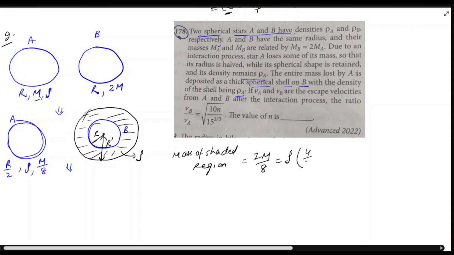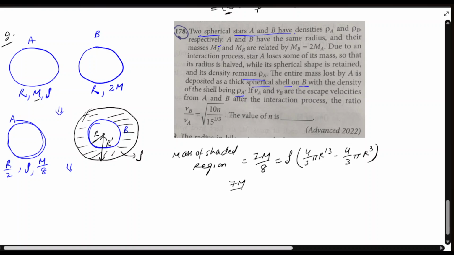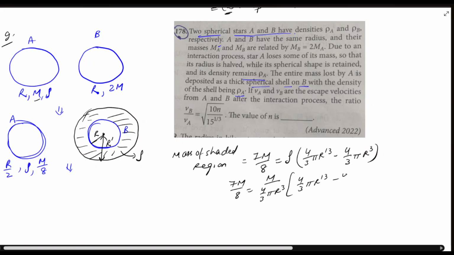So we'll have 4 by 3 pi r dash cube minus 4 by 3 pi r cube. And the density will simply be M upon 4 by 3 pi r cube. So 7 by 8 M equals M upon 4 by 3 pi r cube times (4 by 3 pi r dash cube minus 4 by 3 pi r cube), right?